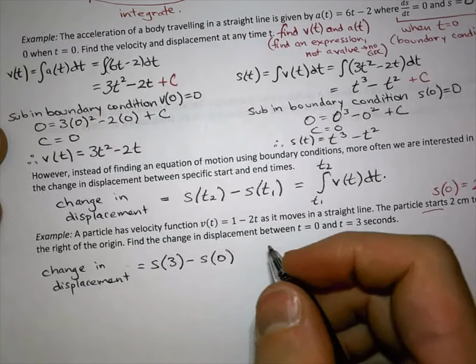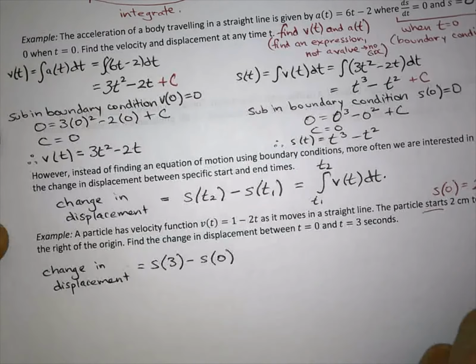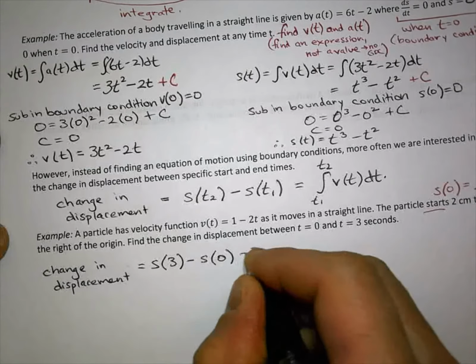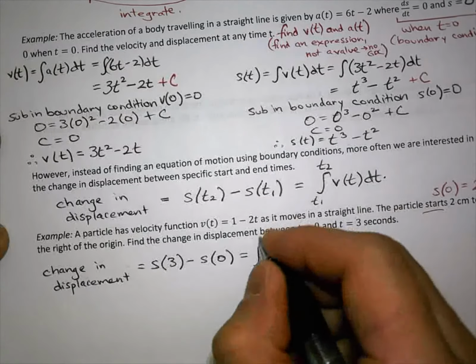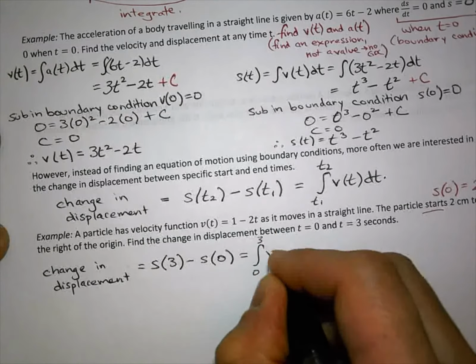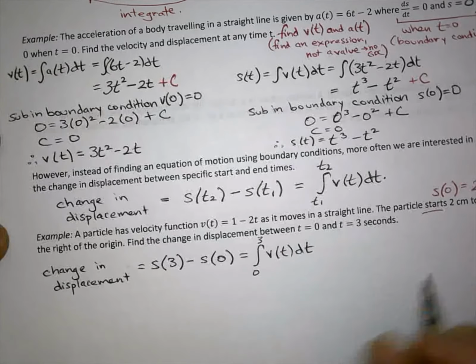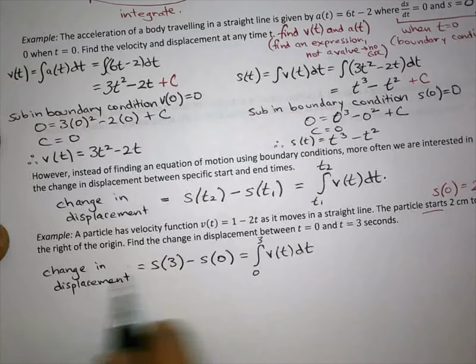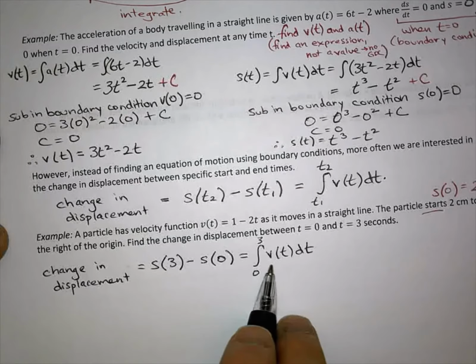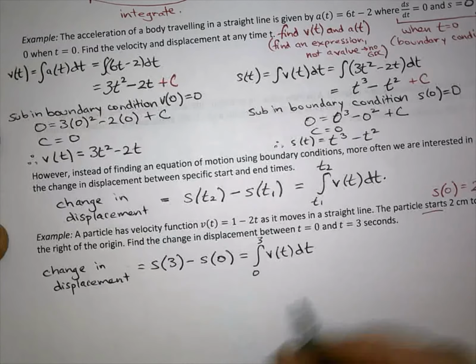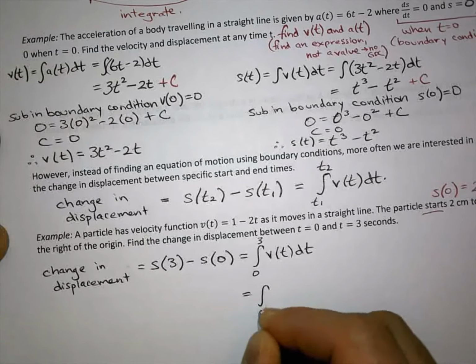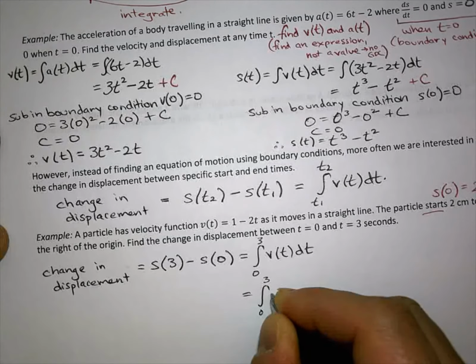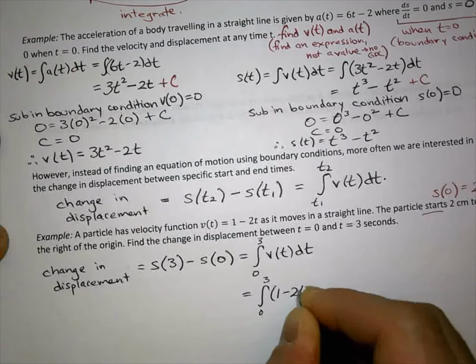The way of doing this is using the integral from 0 to 3 of v(t). Remember, change in displacement is the integral of velocity. So now I'm going to sub in my function: 1 minus 2t dt.